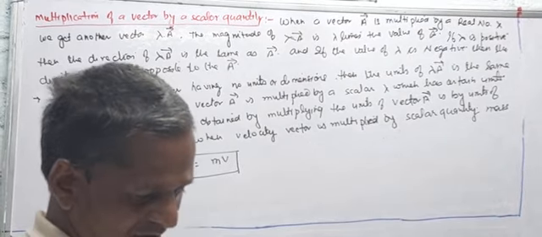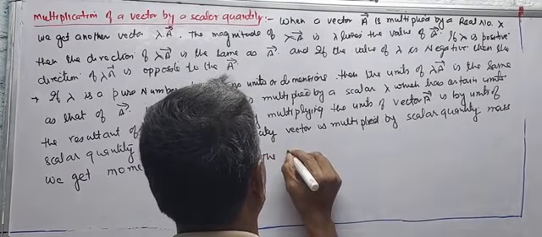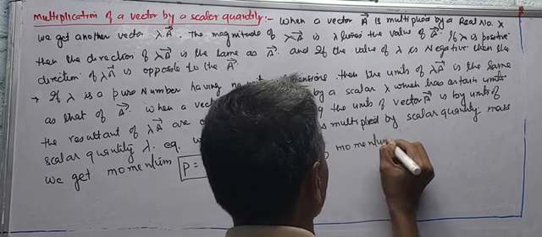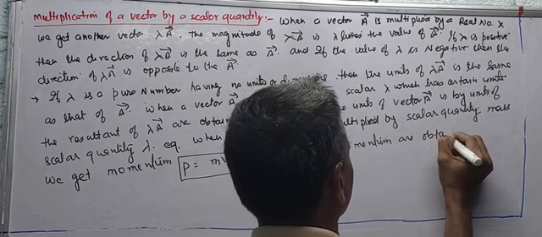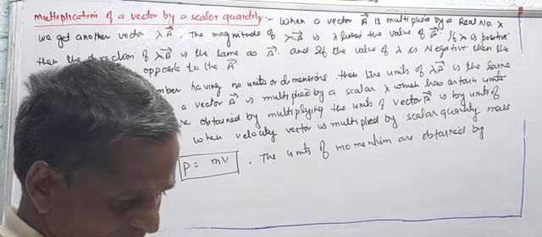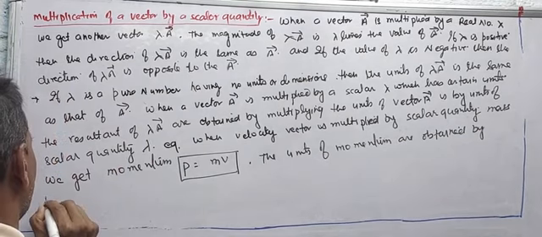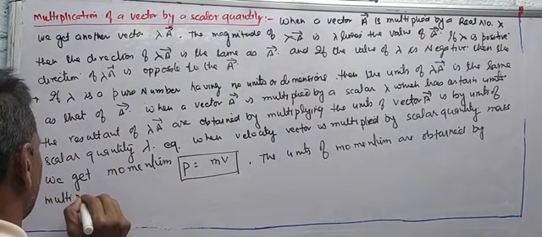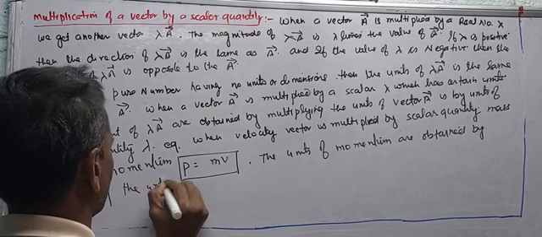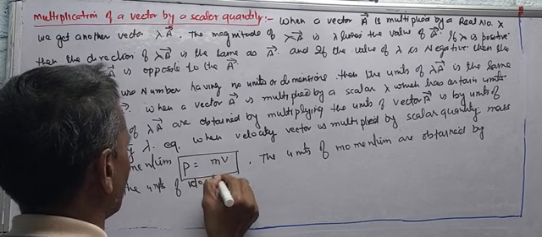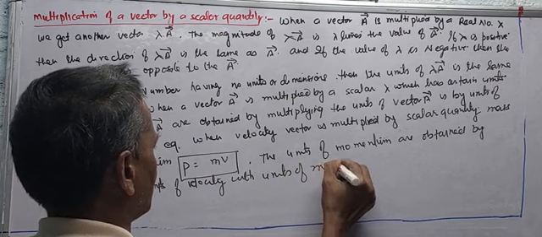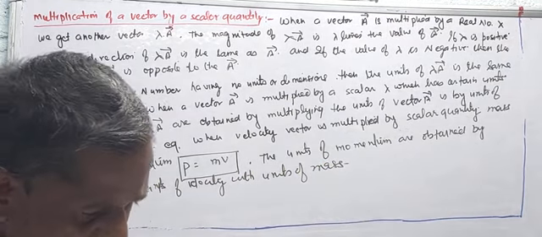The units of momentum are obtained by multiplying the units of velocity with units of mass.